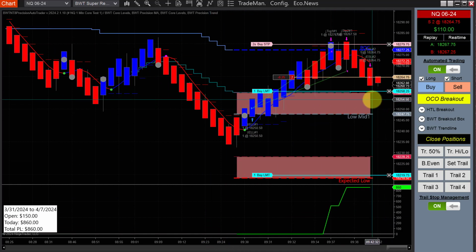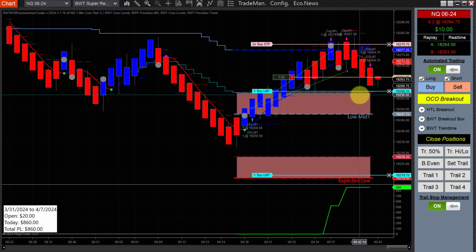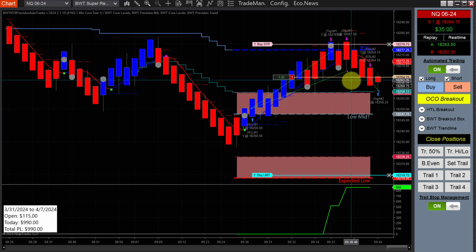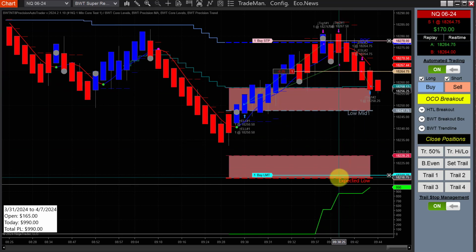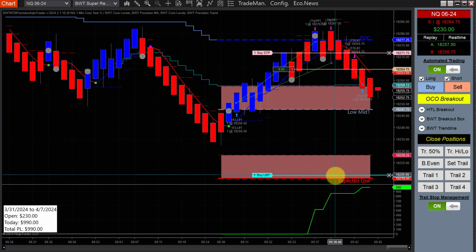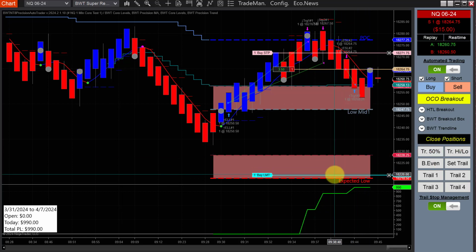Okay, so I went short here. The first target is the core, so not the mid, but I have the first target set as the first core line here. So that's why it's just such a short target, but you can see the second target is way down here, just above the expected low because of the offset.